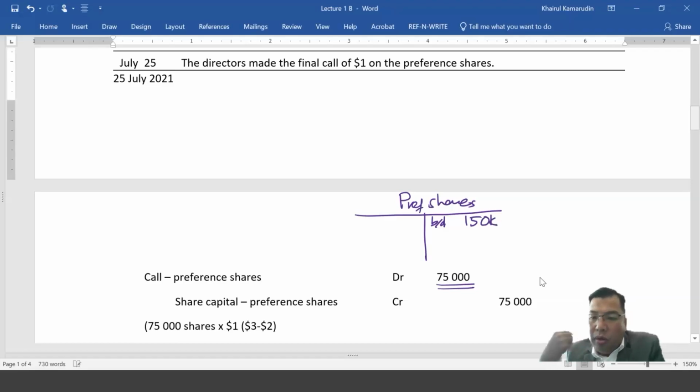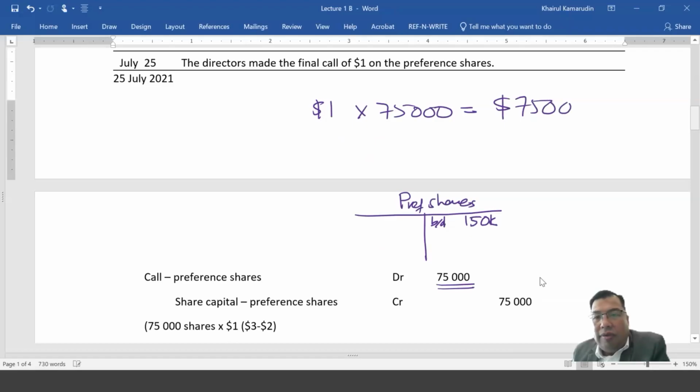So when you call for the next payment, the payment is for $1 multiplied by 75,000 units. So you're calling for $75,000. So what I need to do now is I credit my preference share 75,000.